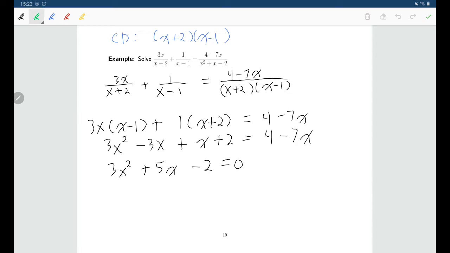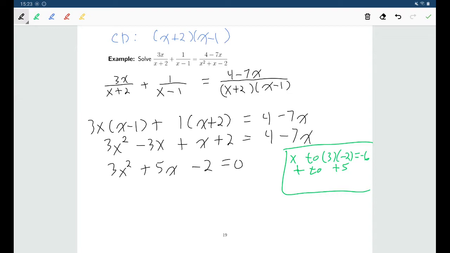If I were trying to factor, I'd be looking for numbers that multiply together to give me 3 times negative 2. So multiplying to negative 6, and they need to add up together to give me positive 5. And I'm pretty confident that I can find those two numbers. Two numbers that multiply to negative 6 and add to positive 5 would be positive 6 and negative 1.